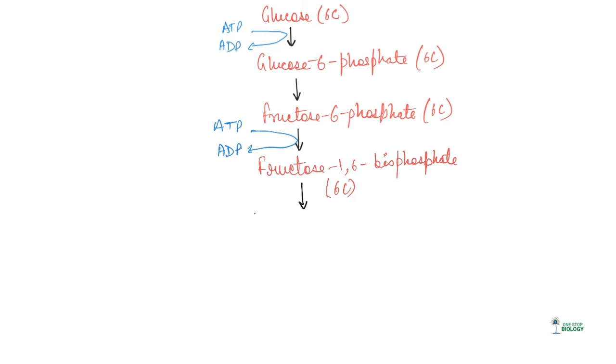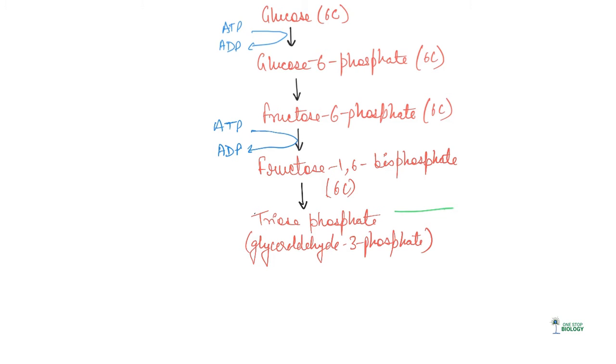One will be a triose phosphate, which is glyceraldehyde 3 phosphate, and the second compound again is a triose phosphate, a 3 carbon sugar, but this is dihydroxyacetone phosphate.